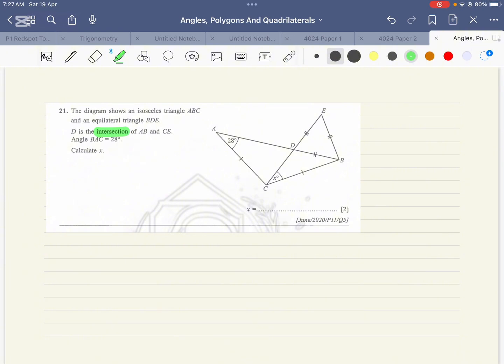Now this is an equilateral triangle, which means this angle is 60. This angle will be 120. Okay, this angle is 60. This angle will be 28. Why 28? Because this triangle that I am highlighting in red is an isosceles triangle.